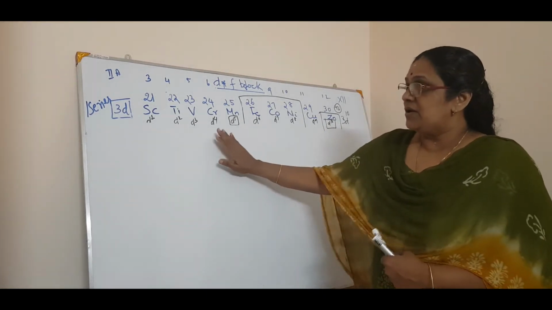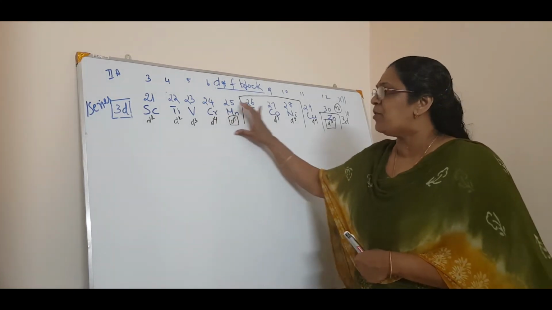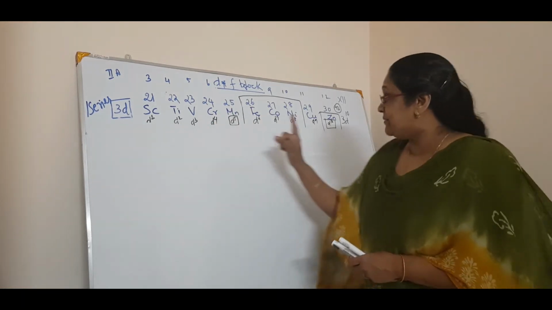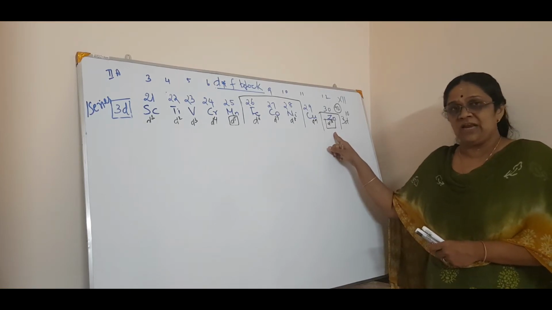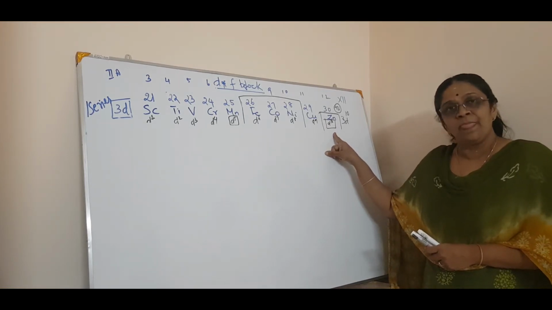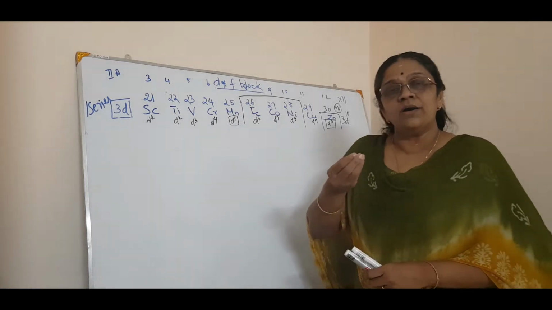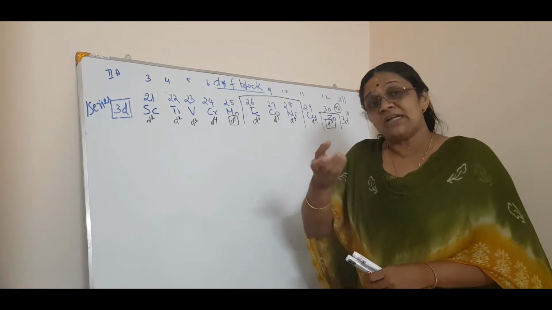We are going into the general configuration. We will study in detail the first series or the 3d series, starting from scandium to zinc. And you know, zinc is called a zero transition element, or we don't call it a transition metal. Why? Because of the fulfilled stability. There are no vacant d orbitals or partly filled d orbitals.